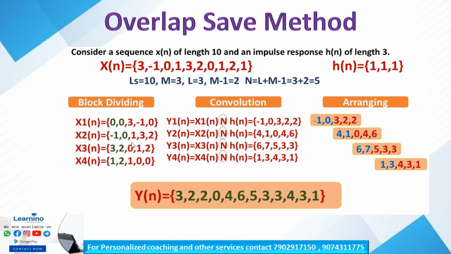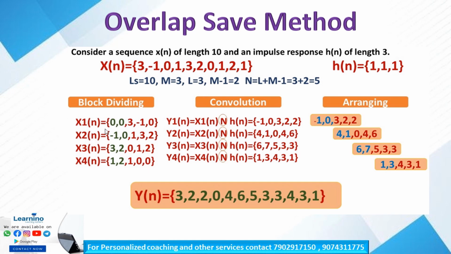This forms a data sequence with a total block length of capital N, that is 5. So each block consists of 5 points, in which the first 2, that is M minus 1, are from the previous block, followed by 3 new data points from the input sequence.